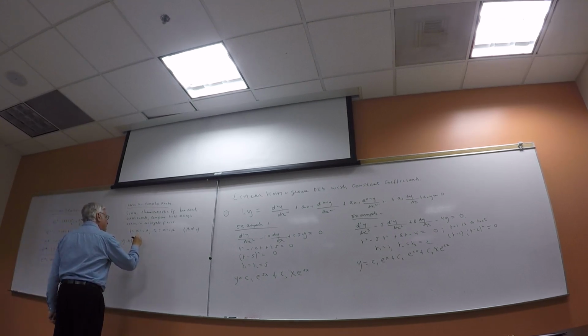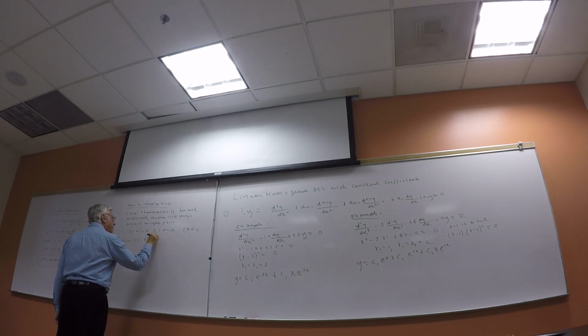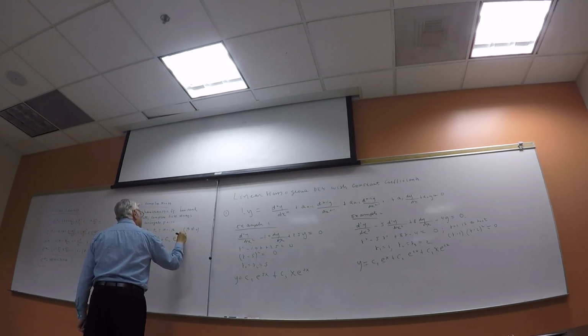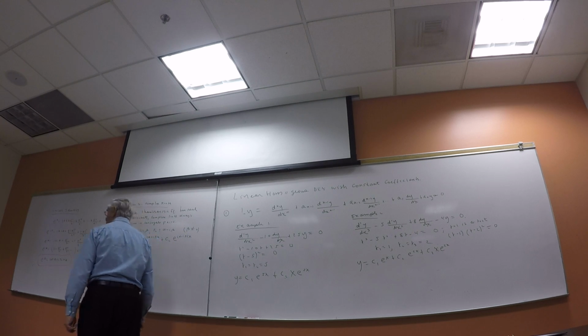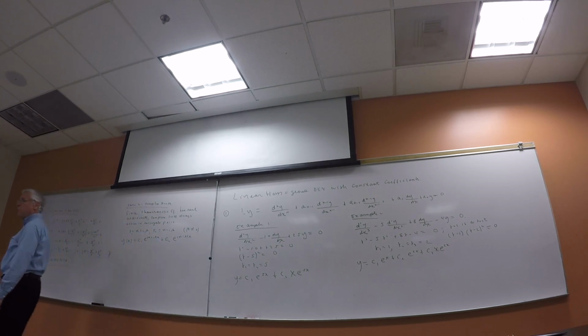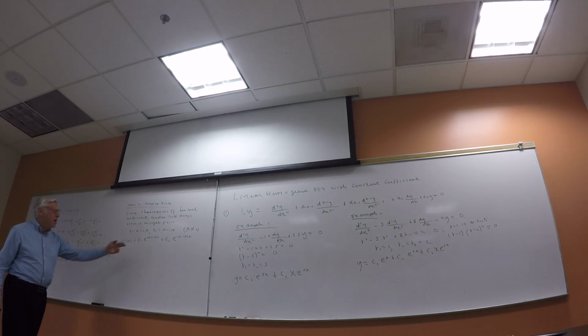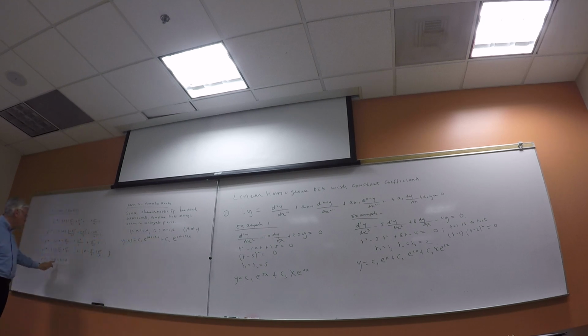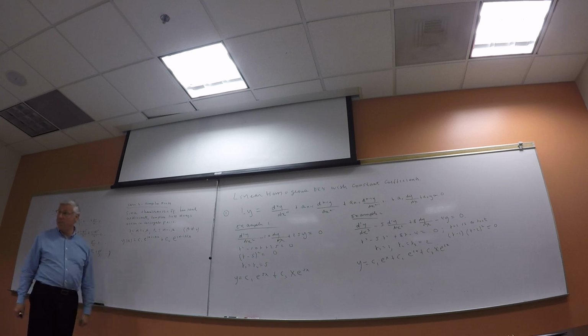So we get a constant c sub 1, e to the power of alpha plus i beta x, that's the first guy, plus another constant c sub 2, e to the r2 x is going to be e to the alpha minus i beta x. Okay? Now, we should make a note over here. These are complex numbers when I do e to the i beta x and e to the negative i beta x. Remember Euler's identity? They will generally be complex. So c1 and c2 will be complex.